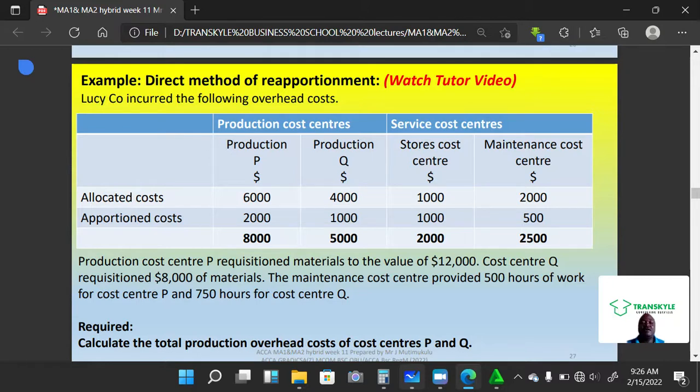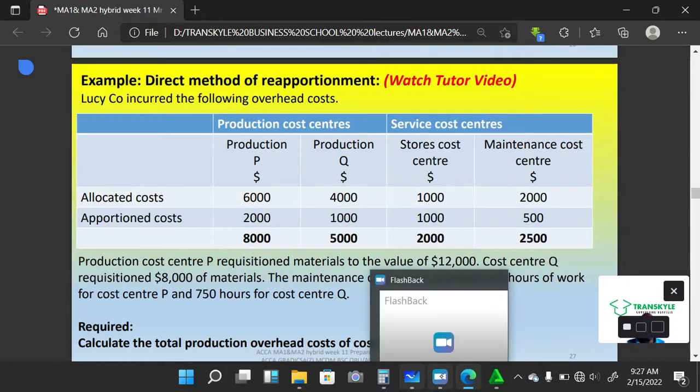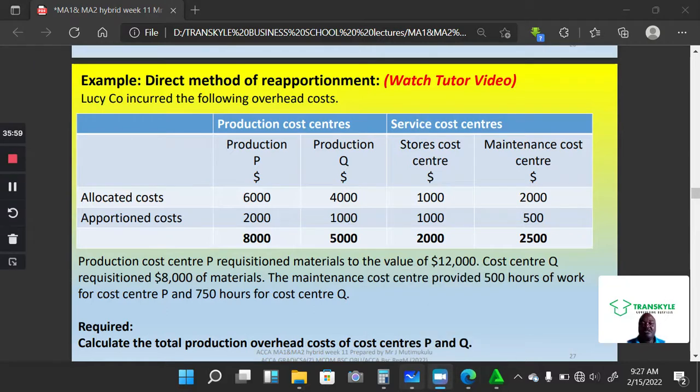Cost center Q requisitioned $8,000 of material. The maintenance cost center provided 500 hours of work for cost center P and 750 hours for cost center Q. Calculate the total production overhead cost of centers P and Q.